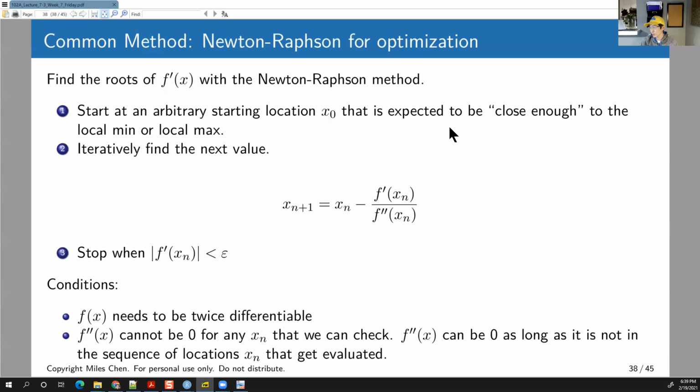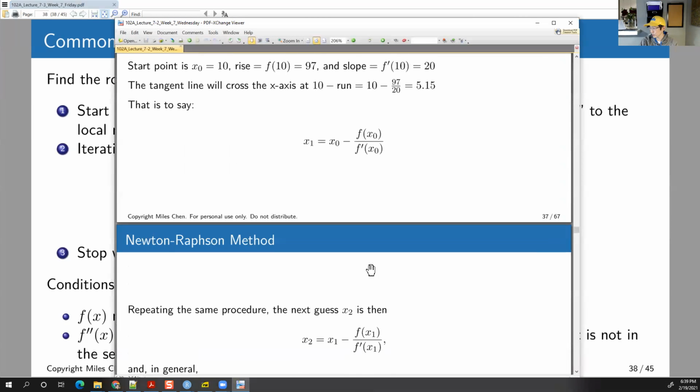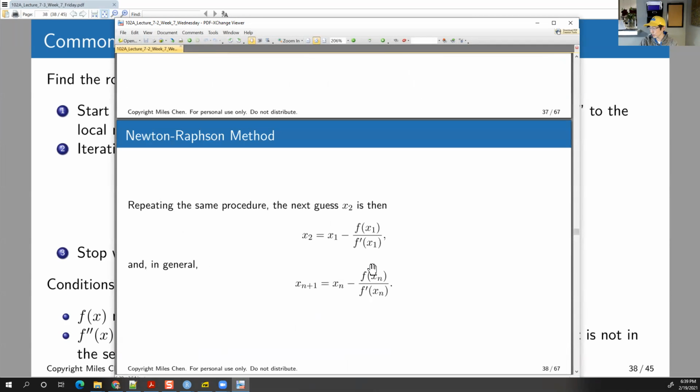Then all you do is iteratively find the next value by saying x at time n plus 1 is going to be x at time n minus f prime of x divided by f double prime of x. In the Newton-Raphson method, we said x at time n plus 1 is x at time n minus f of x divided by f prime of x.